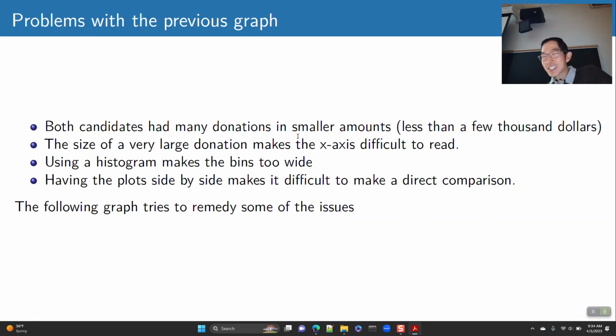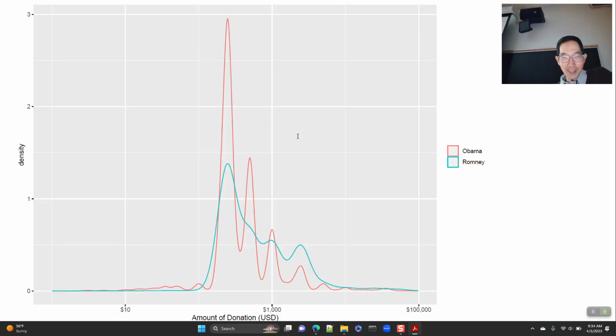So what do we do in cases like that? Well, one thing you can do is change to a logarithm scale. When you take logs, going from $1 to $10 is the same difference as going from $10 to $100, and that's the same difference as going from $100 to $1,000.